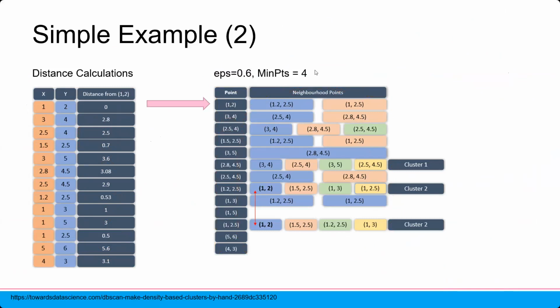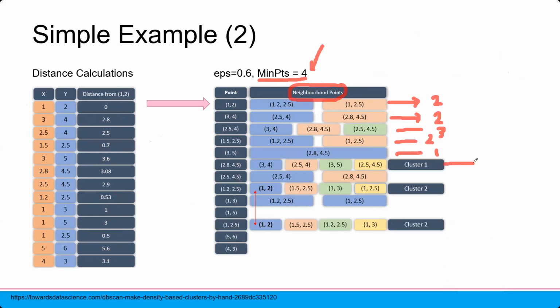Now we have another condition, the minimum points. What is the minimum points? It means how many points are in the neighborhood. In this case there are 2, in this case there are 2, this 3, this 2, this only 1.